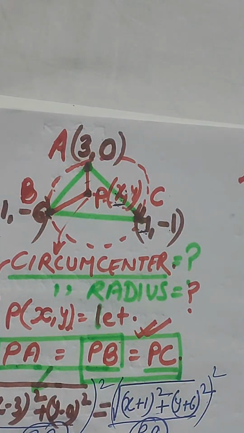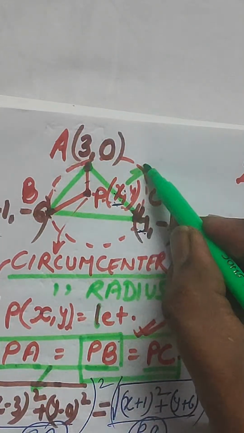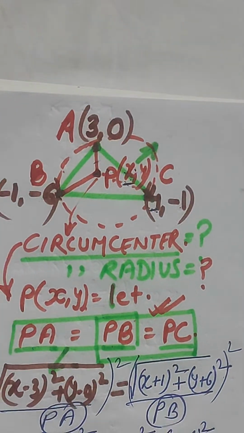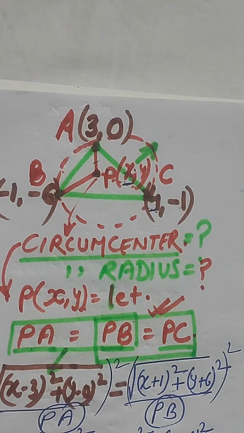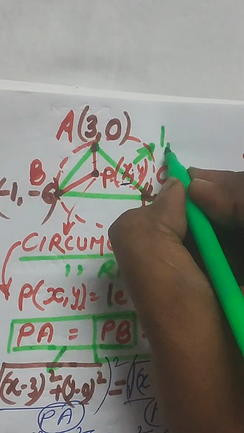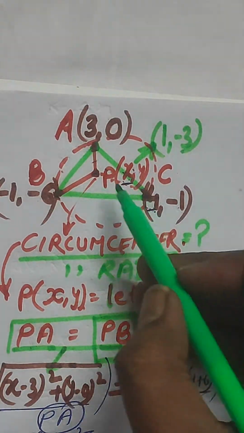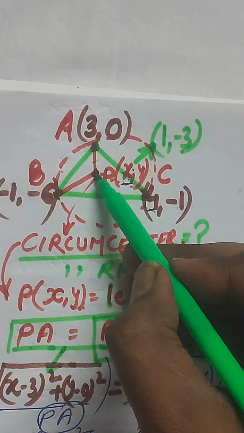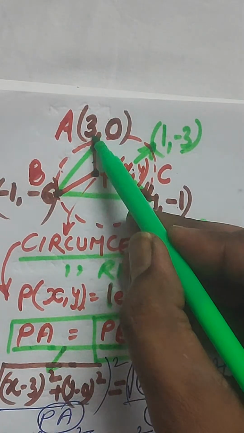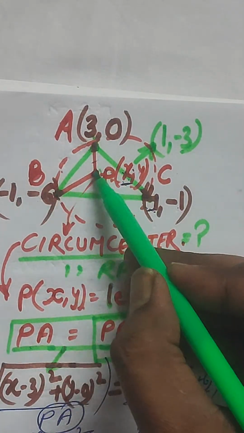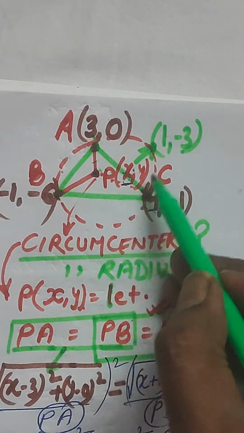We just evaluated the value of xy, and that is 1 and minus 3. So this is the circumcenter. Now to calculate the circumradius, either you can calculate PA using the distance formula, or PB or PC. It's your call, right?